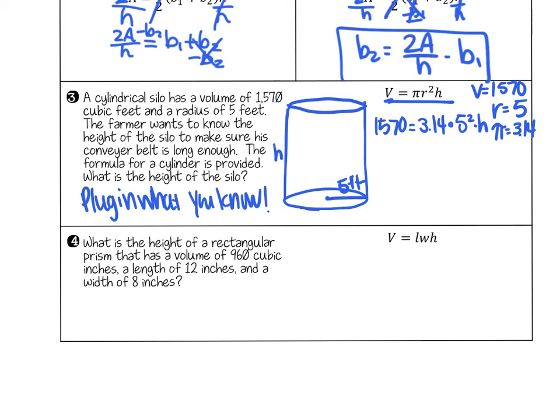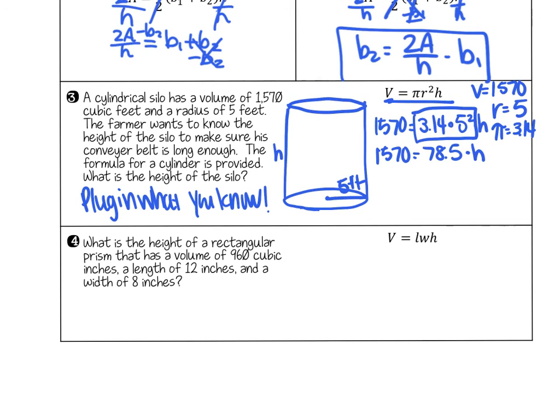Okay, so I have kind of all of that except the H. So then we want to just go ahead and simplify what we have. So I can do, in my calculator, I'm going to do this part right here right now. Okay, so 3.14 times 5 squared is 78.5. So I'm going to rewrite here.